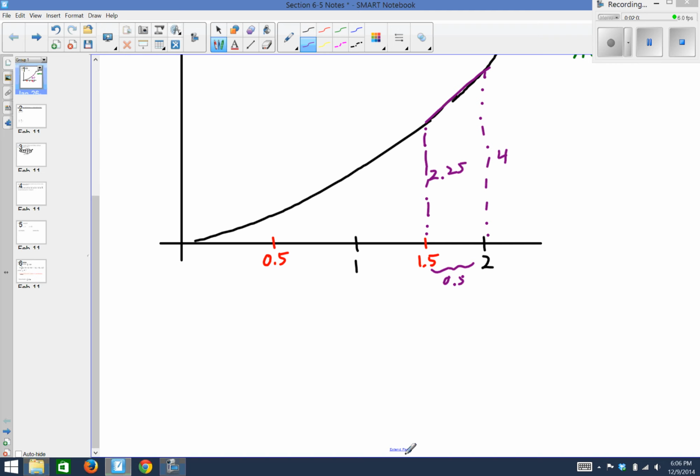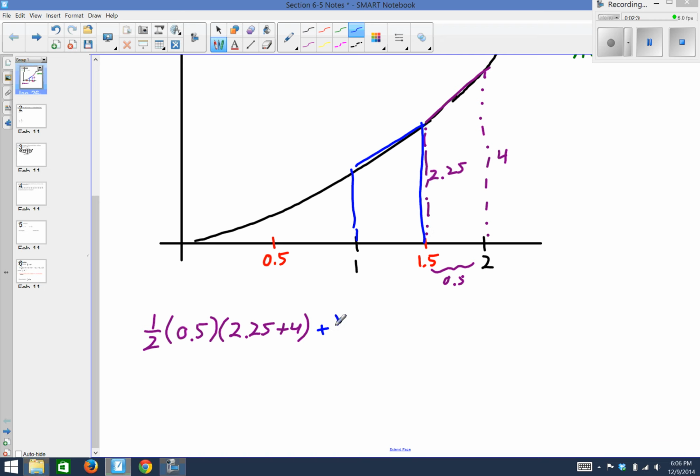So the area for this trapezoid alone would be 1/2 times the height of the trapezoid, which is this 0.5, times the sum of its two bases. If I go to the next trapezoid, it'll be between 1 and 1.5. So going up, then connecting those.